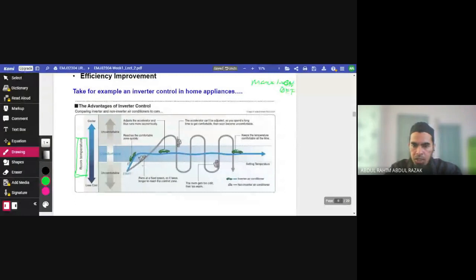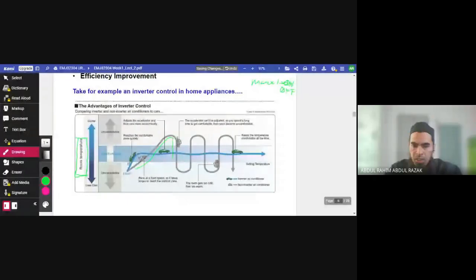So that is what this kind of curve or pattern is doing. When we have enough temperature, this is the gauge of enough temperature, meaning it's cool enough, but the compressor will still operate. So we have to switch off.